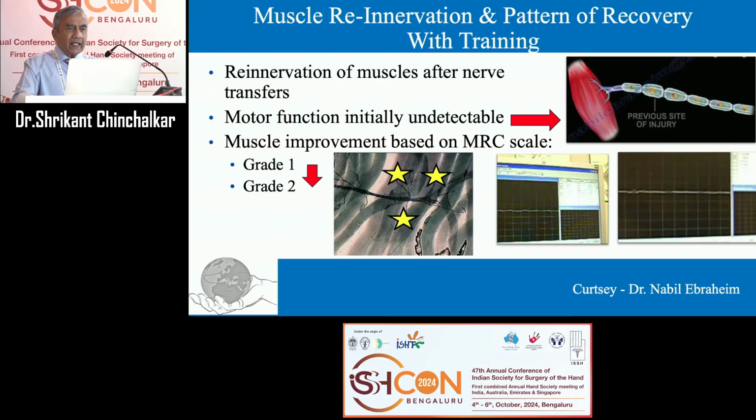And then bringing grade 2 to grade 3 requires a lot more muscular strength and contraction so that the extremity can move against gravity. So you can see these challenges presented by the MRC scale that we use in order to retrain these muscles.